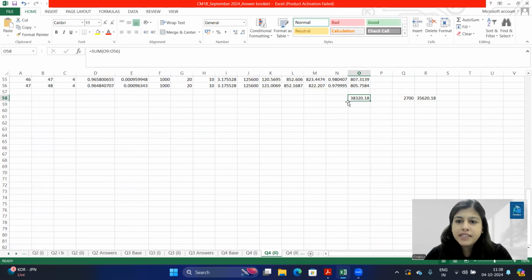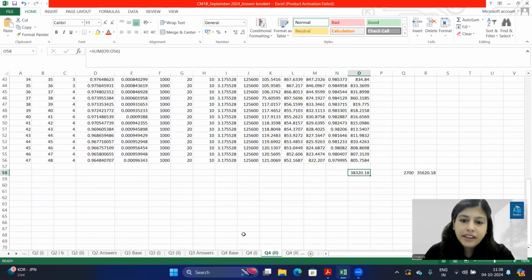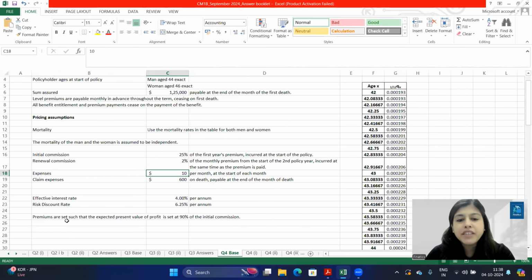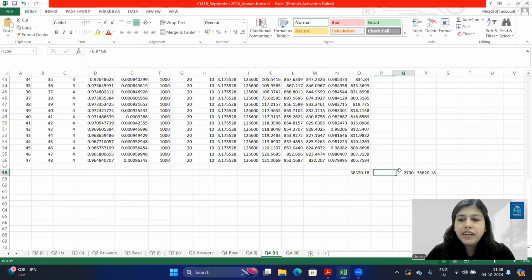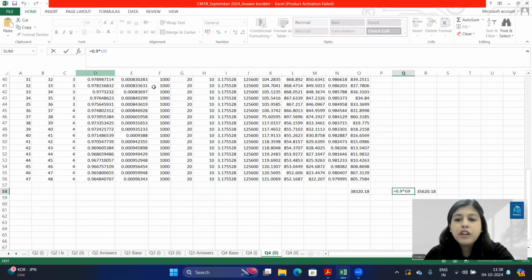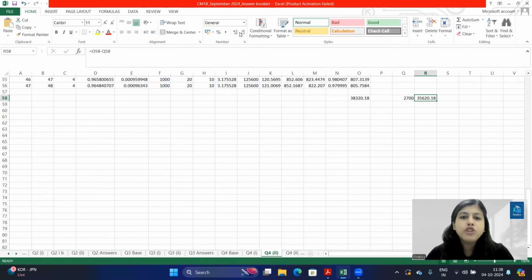Once you get this sum, it's said in the base worksheet that premiums are set such that the expected present value of profit is 90% of the initial commission. So 90% of the initial commission, I've already calculated the initial commission, times 0.9. Now the difference of these two values should be equal to 0.